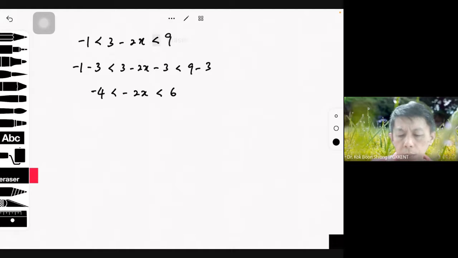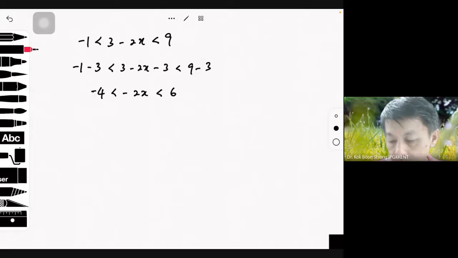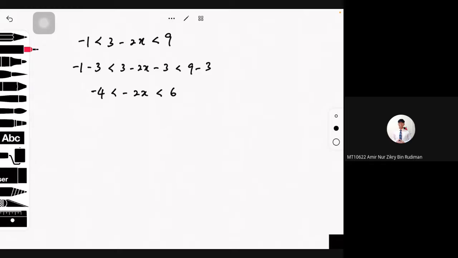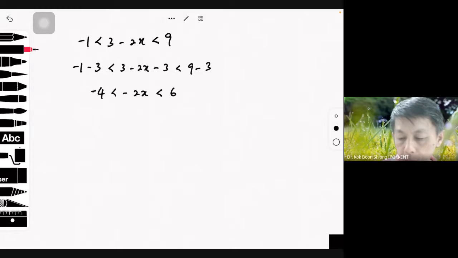Then divide by negative 2. Again, when we divide by negative 2, we must change the sign. So this becomes negative 3 and 2.